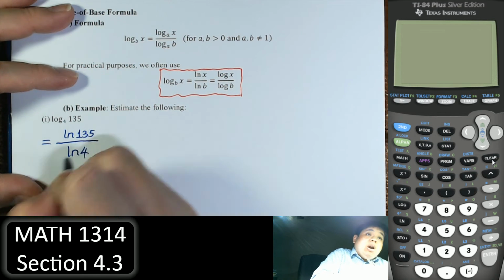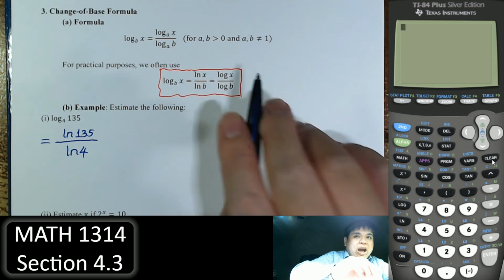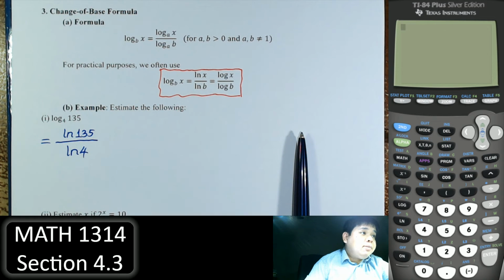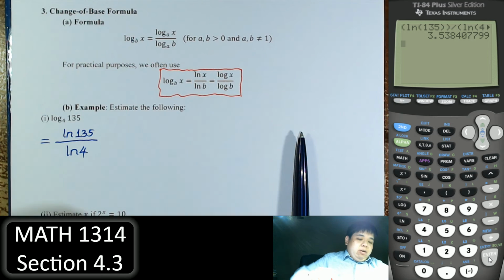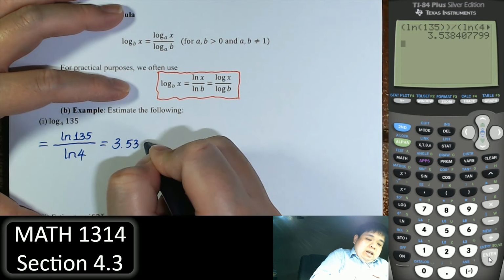Of course, if you don't want to use ln, we can always use the common log, or any other base will do. So I just use ln here, ln of 135, the natural log of 135. Close that, divide by the natural log of 4. Close it. And we have 3.5384.